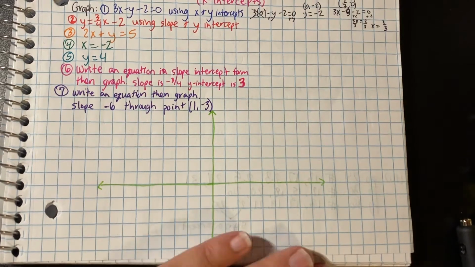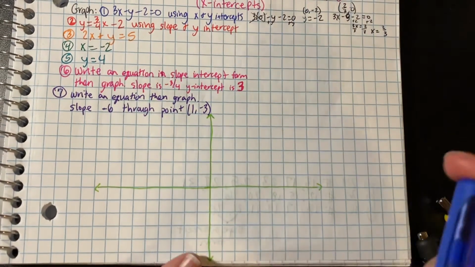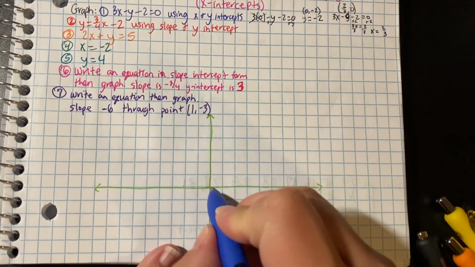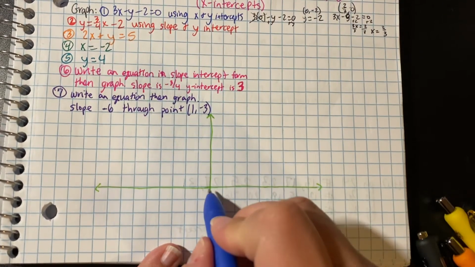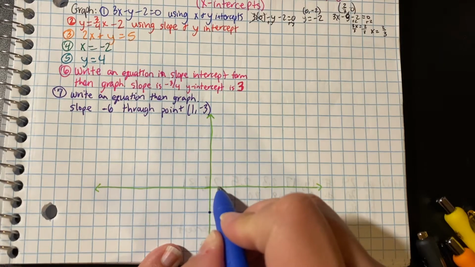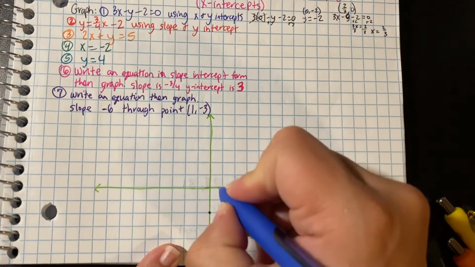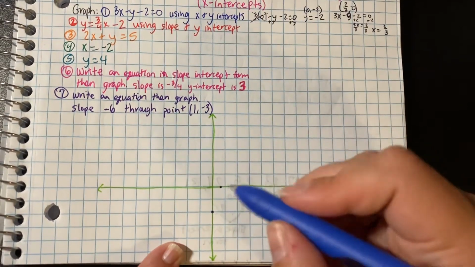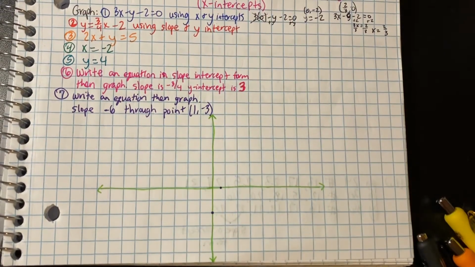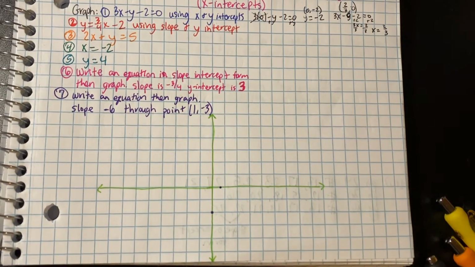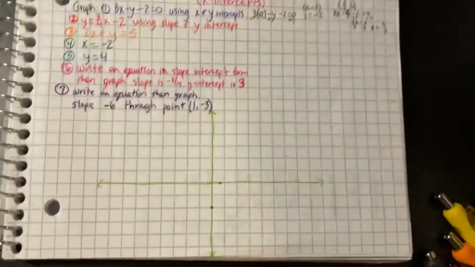So this one's going to be our blue line. So I'm going to go 0, -2, and 2/3, 0. And my line is going to look something like that. Seeing if I can find a quick straight edge I could use. Oh, here we go.